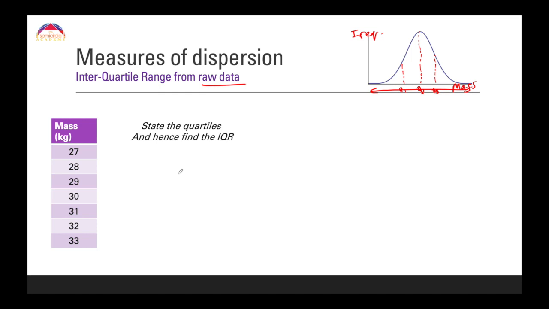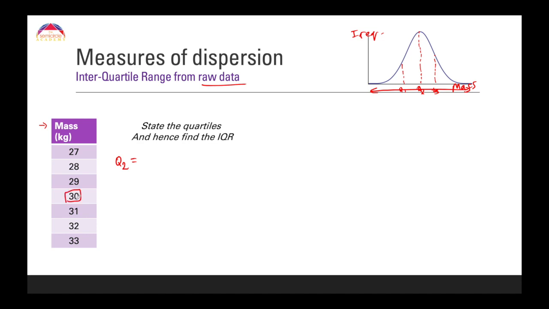At the CSEC level, you literally just have to look at the table. And remember, let me see if anybody could remember, the easiest thing here to find is Q2. So Q2 is also known as the median.